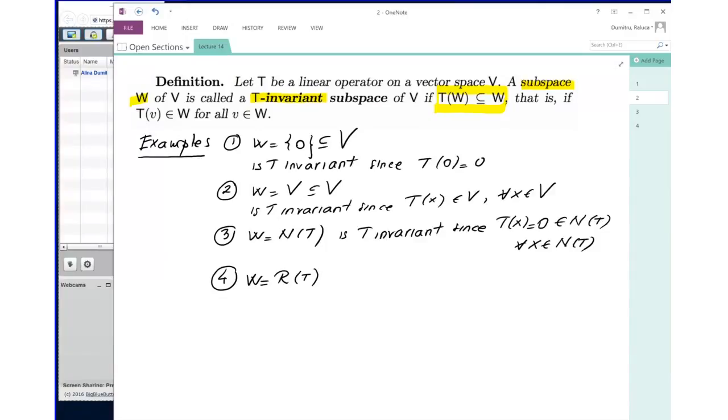Range. So everything in the image of T. If I apply T to a vector V in the range, what do I get? I don't care what I get, right? But it's in the range anyways, because it is a T of something. So it's in the range.